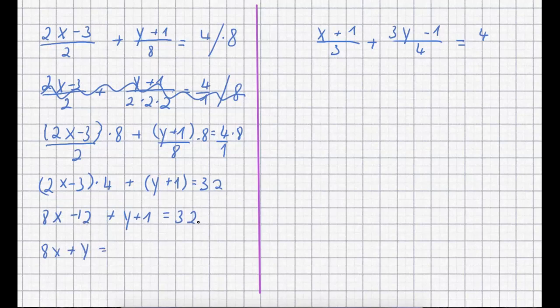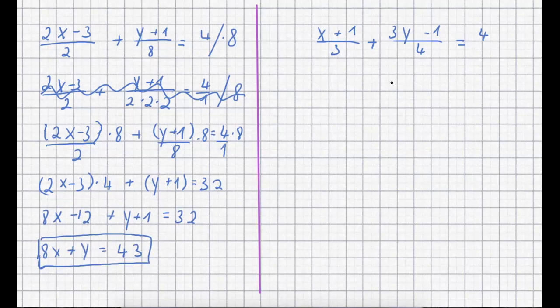And then 32 plus 11 is 43. Okay? And this is the best we can do right now. Wait, what happened with the 1? I did minus 12 plus 1, which is minus 11. And then 32 plus 11 is 43.